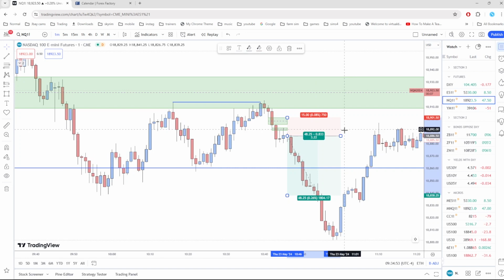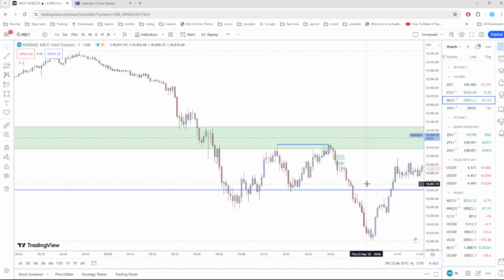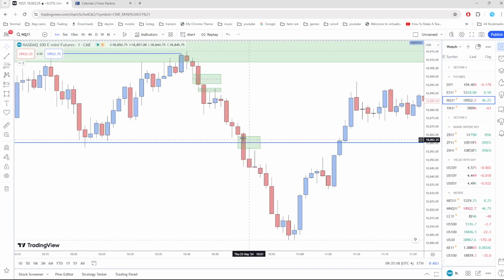Trades down, take profit. Okay. That would be one entry or one scenario. Then you have another one where you would be able to look at the 10:50.